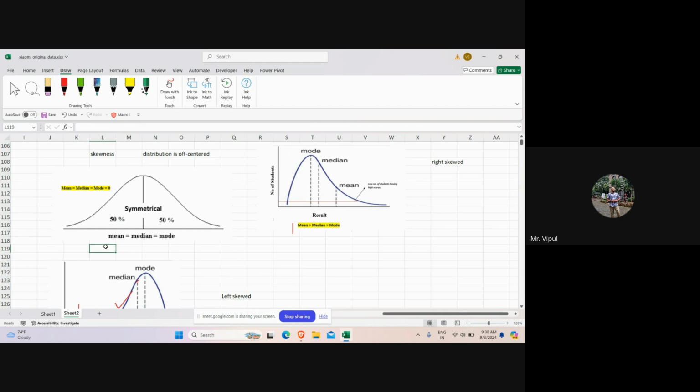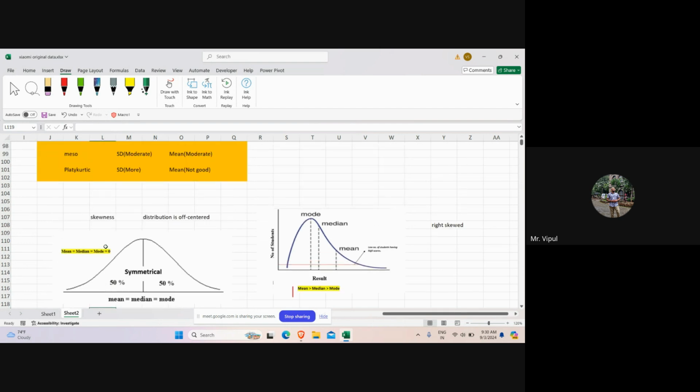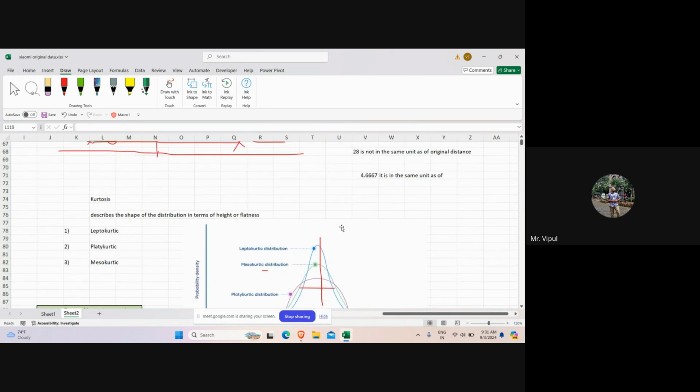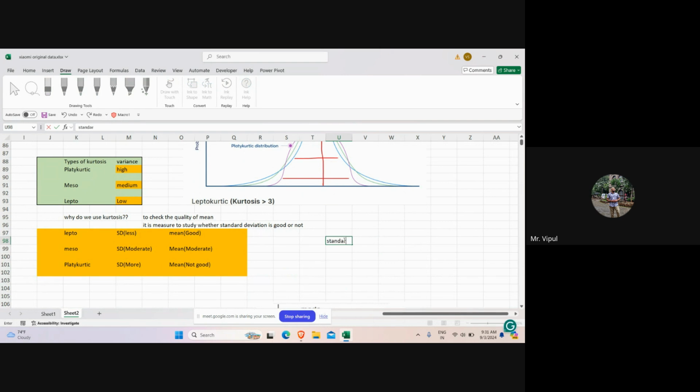Yeah, so there are certain ranges for skewness and kurtosis. What are those ranges that we have? Let's take the standard for kurtosis. We have leptokurtic curve, mesokurtic curve, and platykurtic curve.